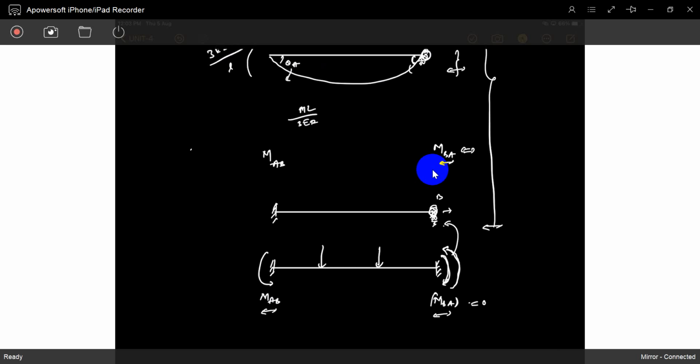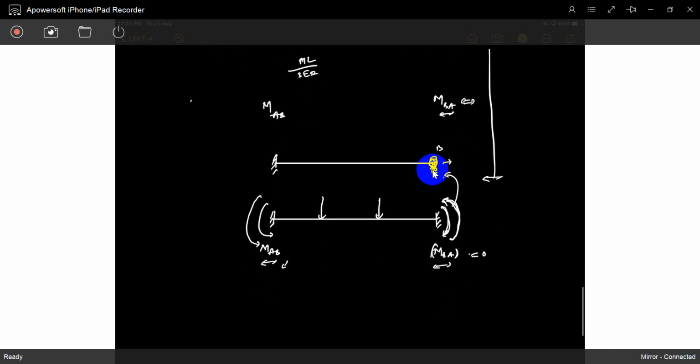If you apply it, half of the moment goes in this direction. So what is the fixed end moment here? First MAB, later half of the MBA. This is now the fixed end moment, and the fixed end moment at the hinge is 0.